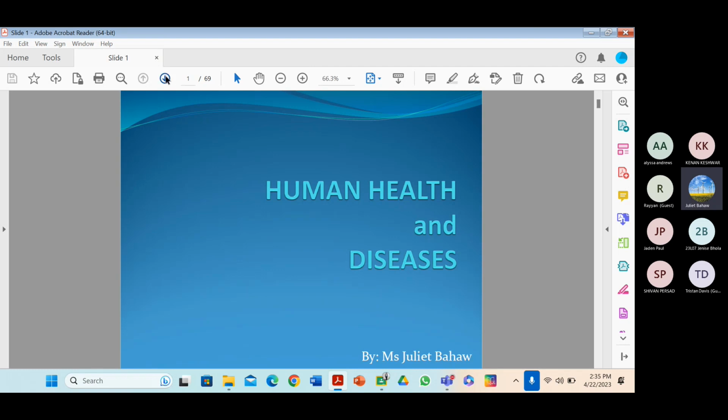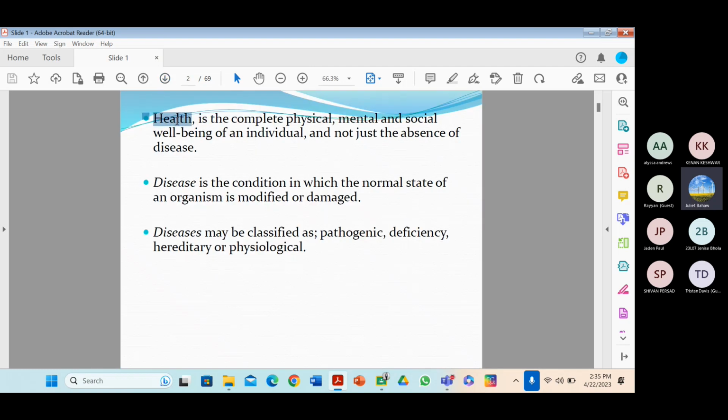So let's first start off with the terms, health and disease. When you hear the word health, it's a complete physical, mental, and social well-being. So your overall health has to do with your physical, so your organs, your systems.